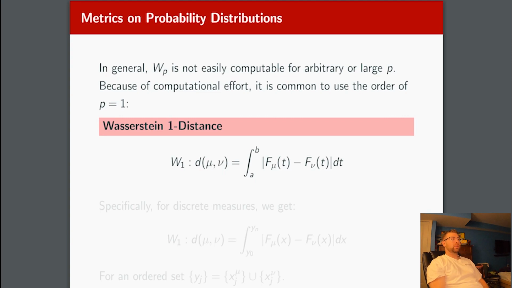So in general, Wasserstein distance is not easy to compute or understand for arbitrarily large P. Because of this, it's pretty common in practice to use order P equals 1 or 2. We did 1, and that's totally fine for our data, which was not too crazy.